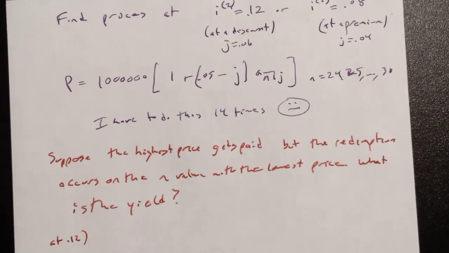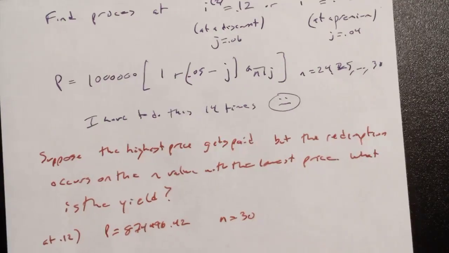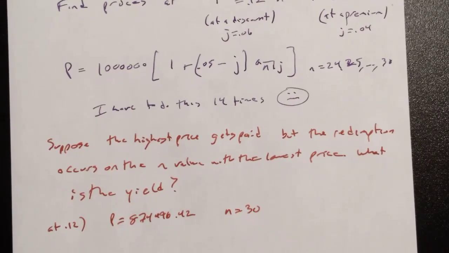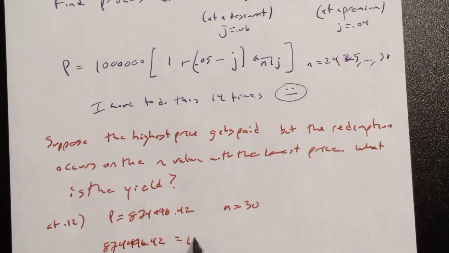At 12%, the highest price was here: $874,496.42, but I want to redeem at n equals 30. Okay, but I'm redeeming at the face value. So I get 874,496.42 equals 1,000,000.